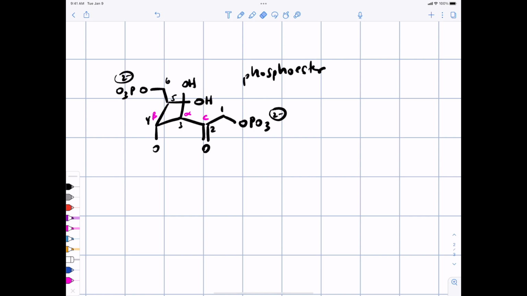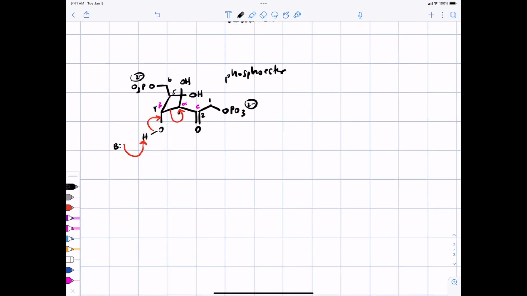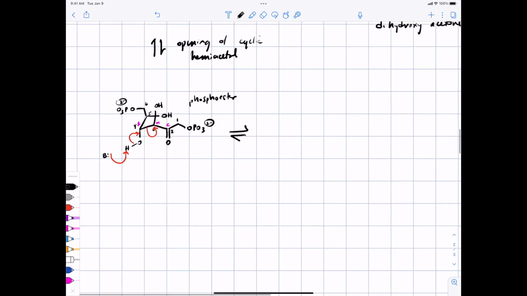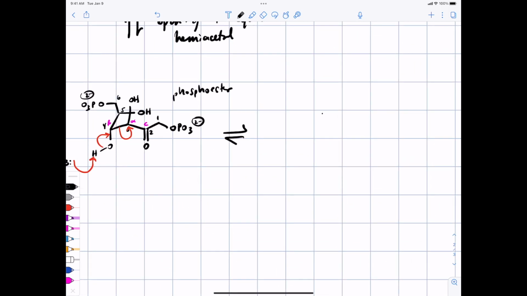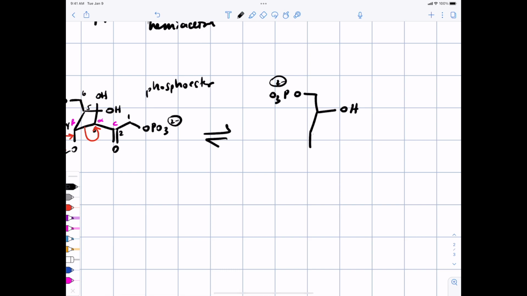The retroaldol reaction involves removing a proton from the beta hydroxy group to generate a negatively charged oxygen. And I'm going to show in the same step those electrons kicking down to kick off the enolate. That's the retroaldol step. I'm going to keep drawing things in an arrangement that's close to how they looked in the starting material.